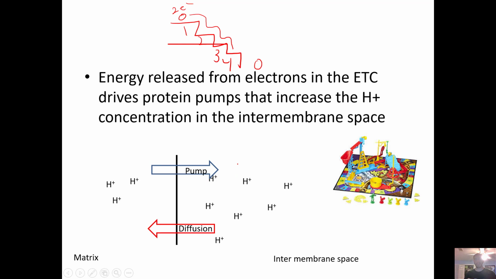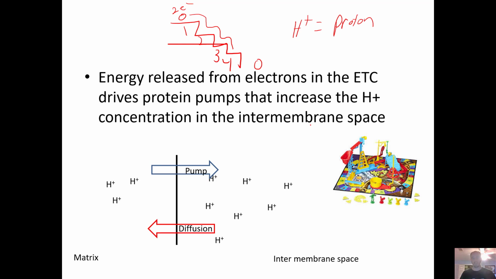As they go down those stairs, they release energy, and that energy powers pumps. We haven't talked about that yet, but some of the proteins in these complexes are pumps that pump hydrogen ions. Hydrogen ions are also known as protons. So an H+ ion is the same thing as a proton.